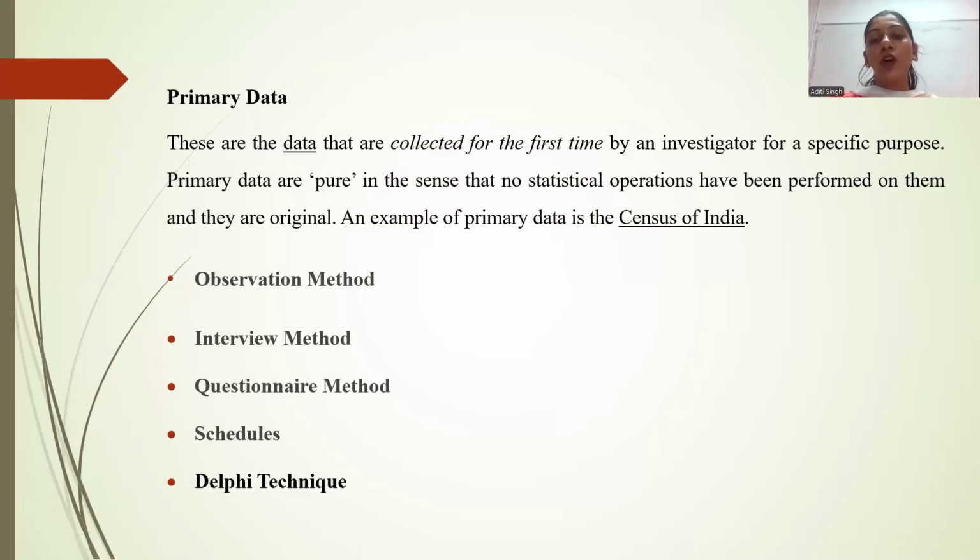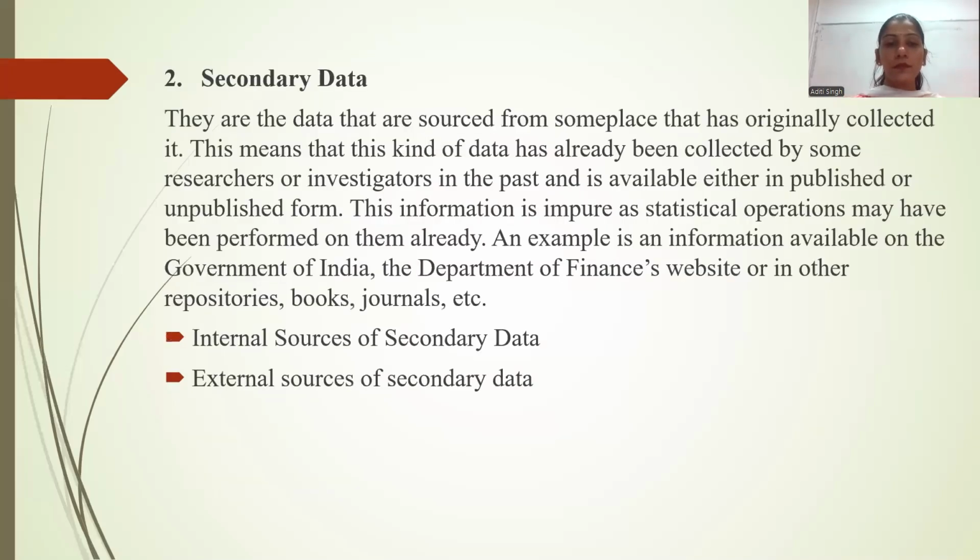This information is impure, as statistical operations may have already been performed on it. So that is secondary data. There are two methods of collecting secondary data: internal sources of secondary data and external sources of secondary data.